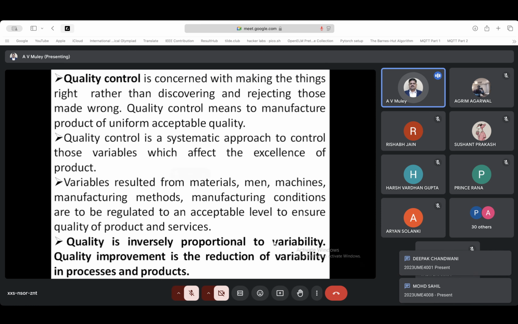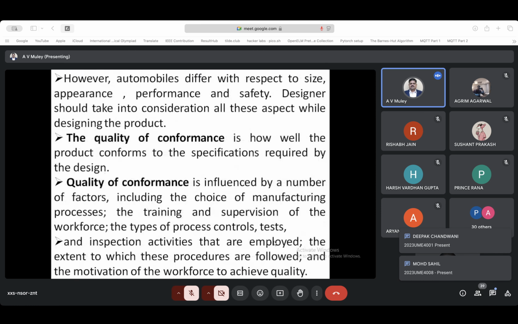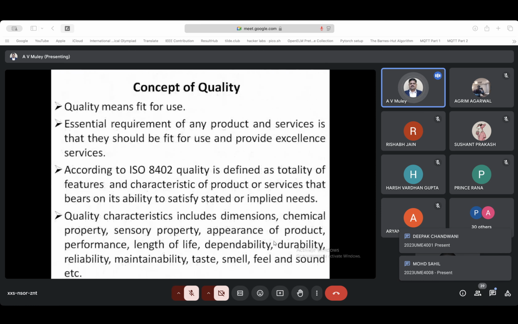Okay, so have a brief idea what we did last time. So we started unit number 4. We have started discussing the concept of quality, which is nothing but fit for use. And there are different definitions. As far as quality is concerned, it is the totality of features and characteristics of a product or service that bears on its ability to satisfy stated or implied need.